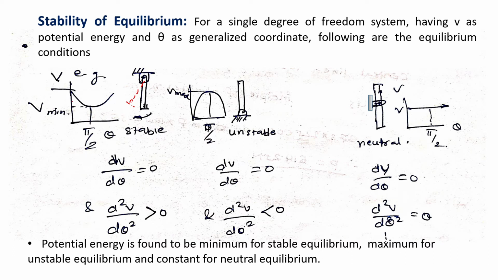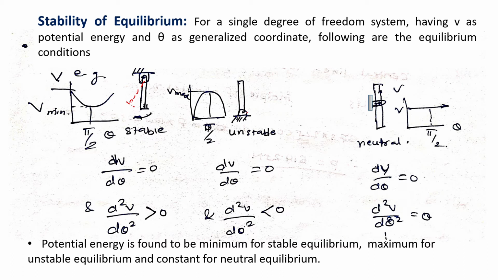So in this case, this is the condition of stable equilibrium. It may swing for some time, but it will get to a stable condition. In the graphical representation with respect to the position of theta at pi by 2, the value of the potential energy is minimum.